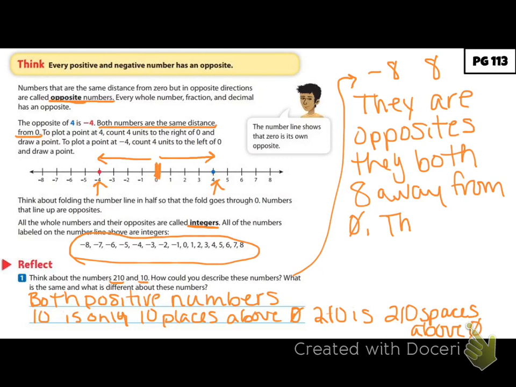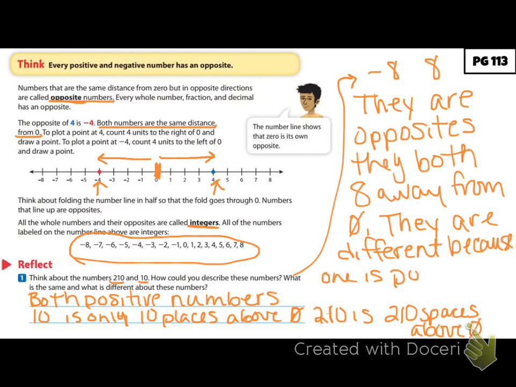They are the same. They are different because one is positive and one is negative.